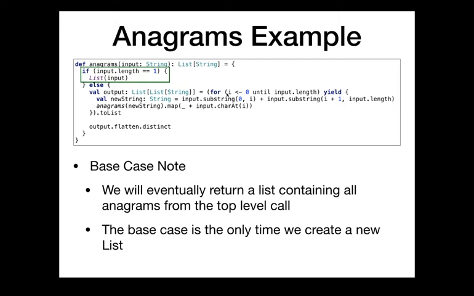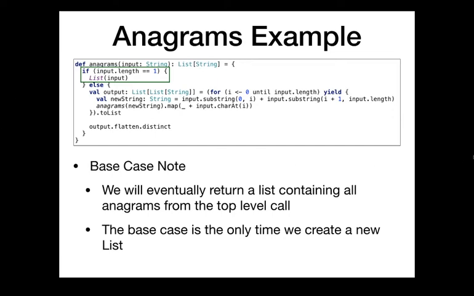When there are no characters, the loop doesn't execute at all, and out of all this mess, I end up getting just an empty list. So I do have an implicit second base case there. I could make that explicit and say if length equals 0, return an empty list; if length equals 1, return a list of the input; else, the recursive step. I can make that explicit, but I just didn't.